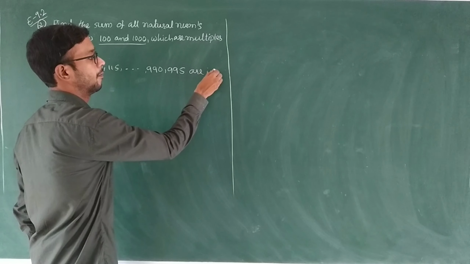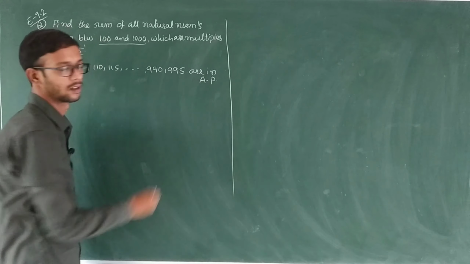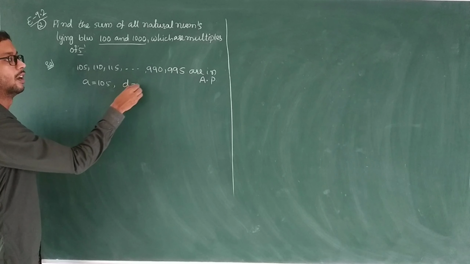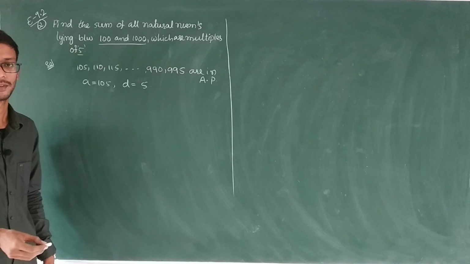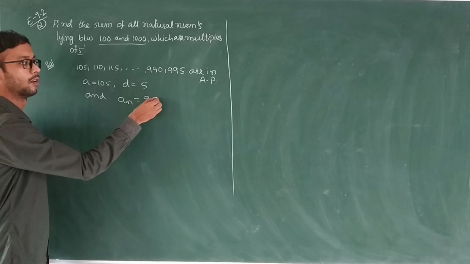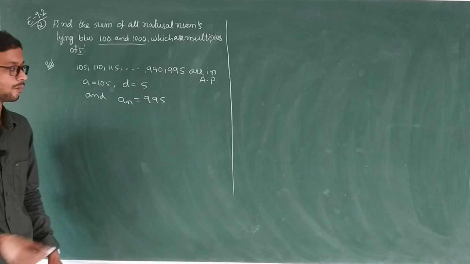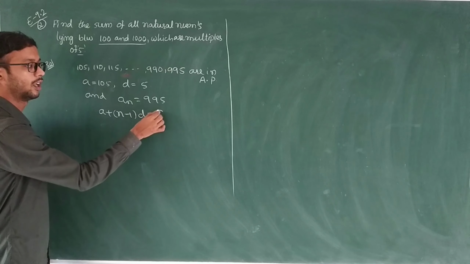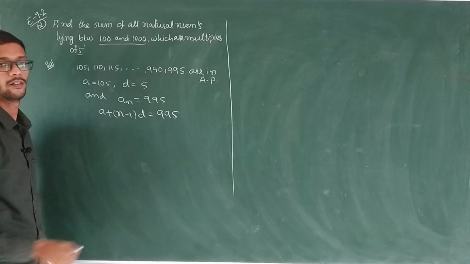These are the numbers lying between 100 and 1000 which are multiples of 5. They are in AP. a is equal to 105, d is equal to 5 and an is equal to 995. Formula: a plus n minus 1 into d is equal to 995.